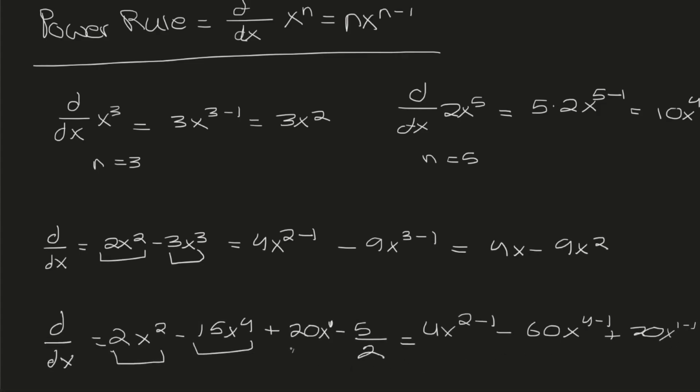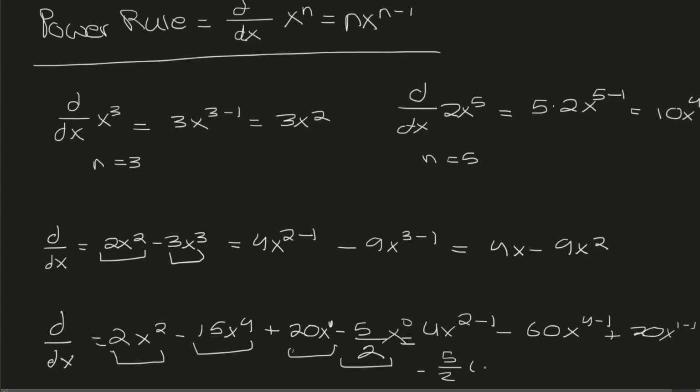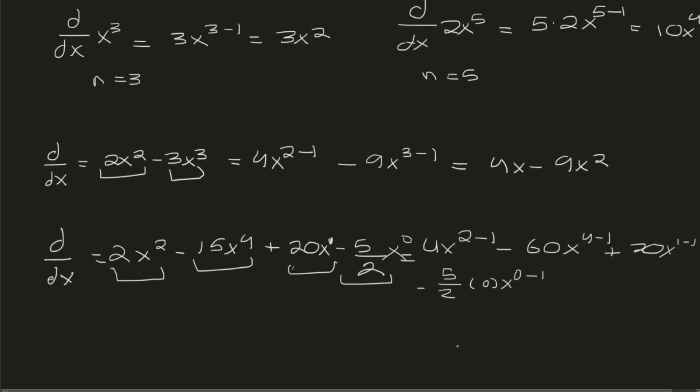And then finally, for our last term, as we can see, there's no x here, so we can assume that it's x to the 0 power, which is 1, right? So minus 5 halves times 0 times x to the 0 minus 1.